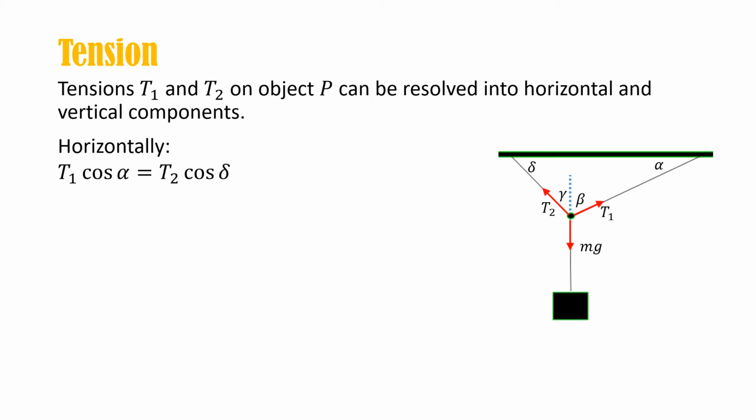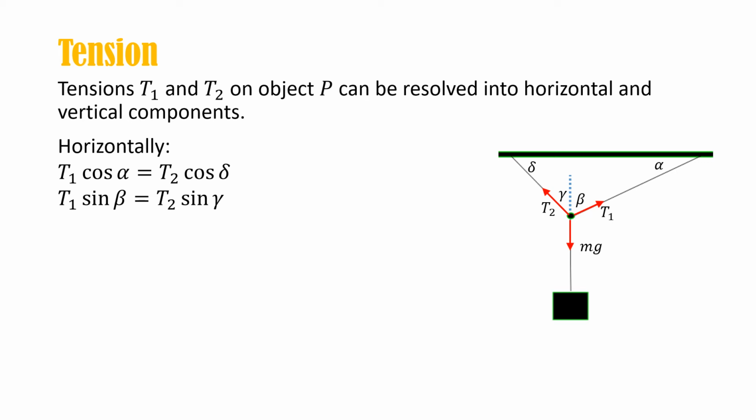If, however, we were looking at the angles formed in the middle, or more or less from where that weight is being suspended, where we've got beta and gamma, rather than use cos, we're going to use sine. So T1 sine of beta is equal to T2 sine of gamma. Now it's totally up to, depending on the question, as to which set we want to use. Just remember what I was saying before about which one is going to be opposite our angle and which one's going to be adjacent to our angle. So that was for horizontally.